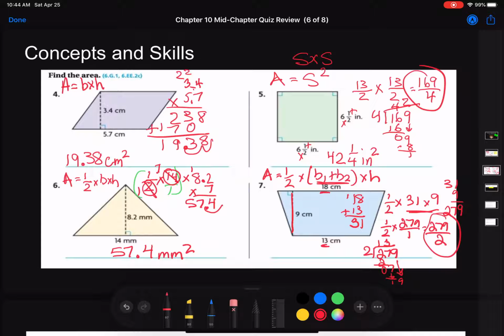And then you're going to go 2 into 19, which is going to be 9 times, because that's going to be 18. Okay? You're going to have 1 left over. So therefore, you're going to put that 1 over the 2. So that's going to be your answer. Your answer is going to be 139 and 1/2 centimeters squared. That's going to be your answer.